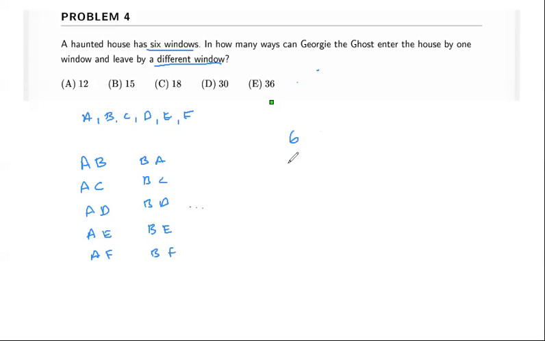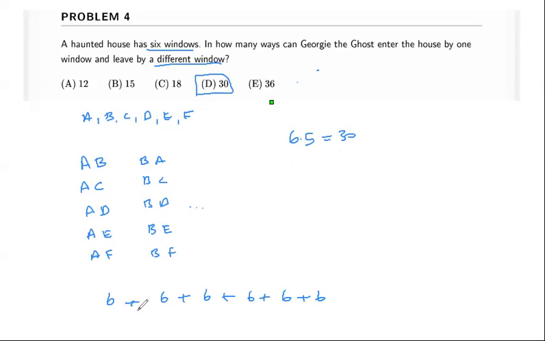And as soon as we have decided one of these 6 options to enter, then we have 5 left for the exit, right? So that's going to be 6 times 5, which is 30 ways we can do this.